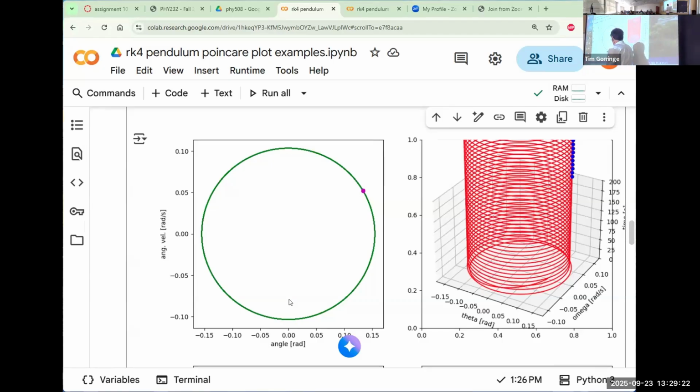But this is what the Poincare section and phase-space plot for the damped-driven pendulum look like in the case of weak damping. What you will see is that after you get through the transient period, where the oscillations are a bit more complicated, you get into a simple region where the pendulum is oscillating with the driving period, not the natural period.